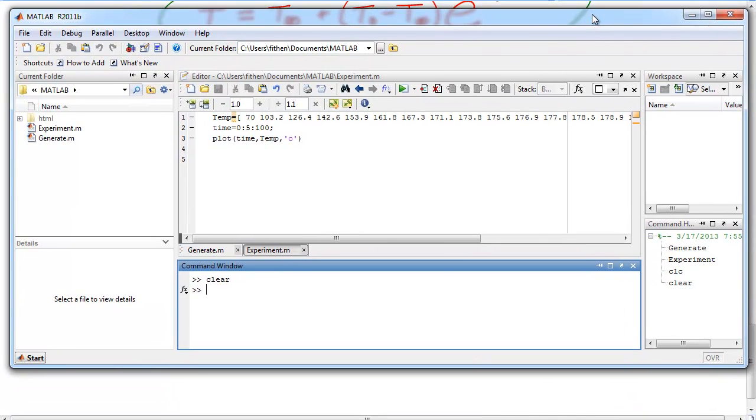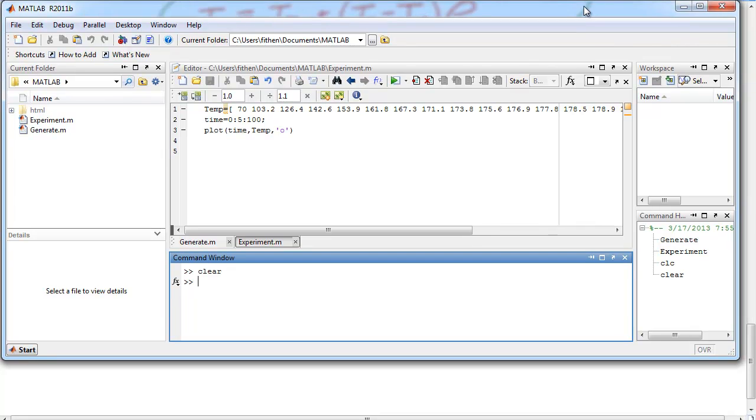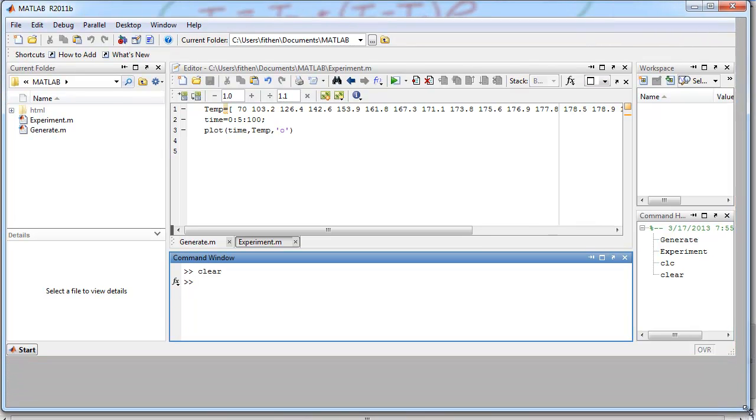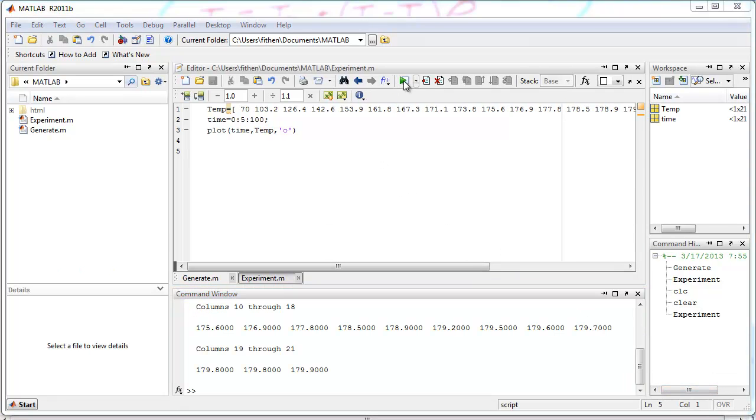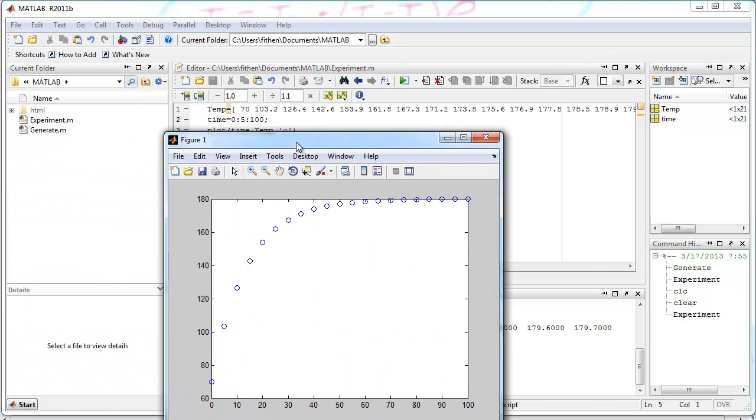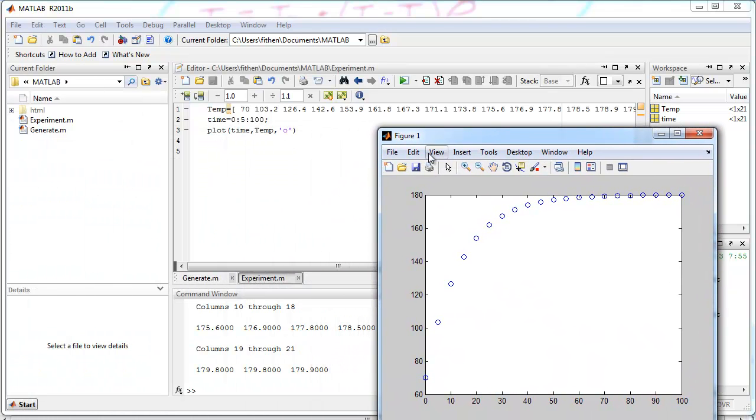Since I'm doing this, I am going to do MATLAB. If you want to do something else, have at it. So let's run this and take a look at it. This is what I have.